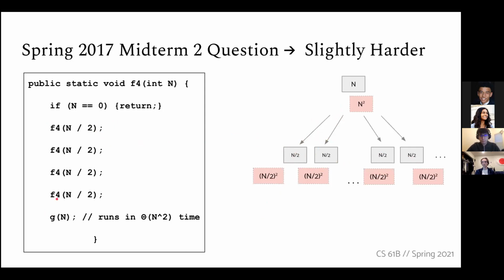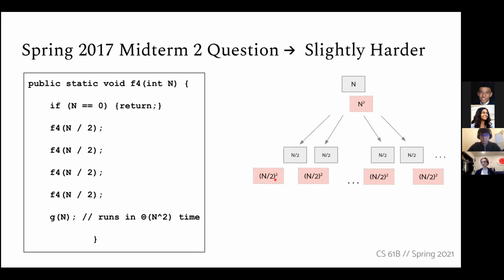Here we have 4 recursive calls, which means we'll have 4 new nodes for each node in our recursive tree. After all of these layers are created, we'll be doing the g of n work for each node. So after this subtree of n over 2 has created all of its nodes, this work is calculated to be n over 2 squared.